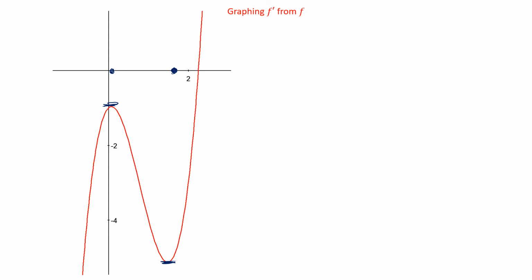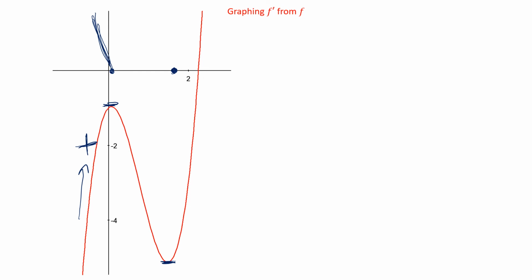Now we need to look at the slope. On this side, we're going this way. The slope is positive, which means the graph of the derivative needs to be positive. Positive is above the axis. Now, this is a little bit tricky until you get the hang of it, because you're having to go from the slope to the y value.